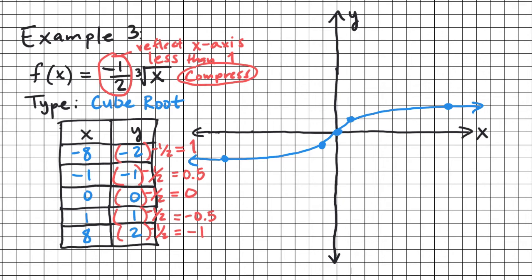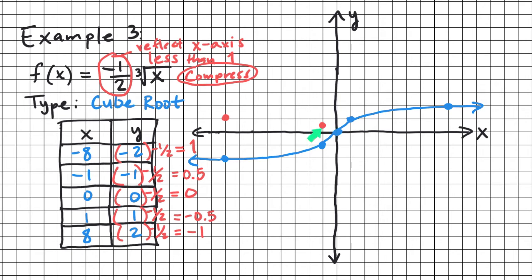Okay, so let's plot these points. We're going to do negative 8, 1. Negative 8 is over here, and then we're going to go up 1. Next one, what's negative 1 and 0.5? Negative 1 and 0.5 is about here.